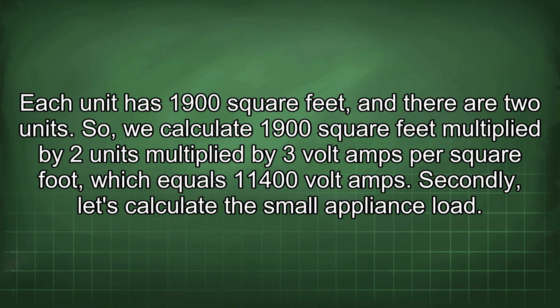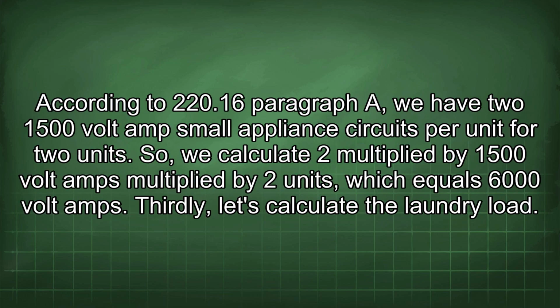So, we calculate 1900 square feet multiplied by 2 units multiplied by 3 volt amps per square foot, which equals 11,400 volt amps.